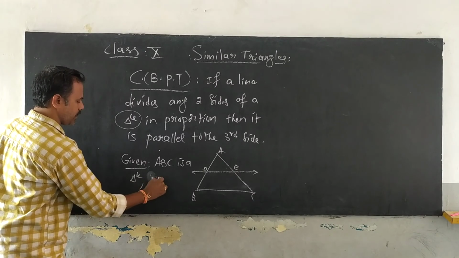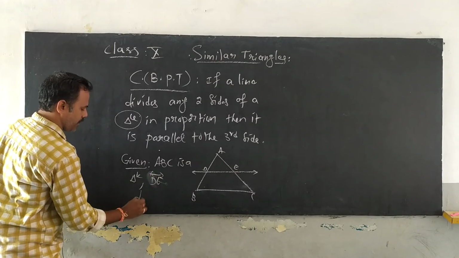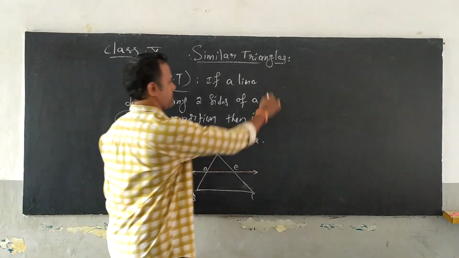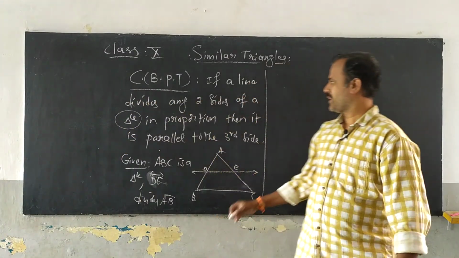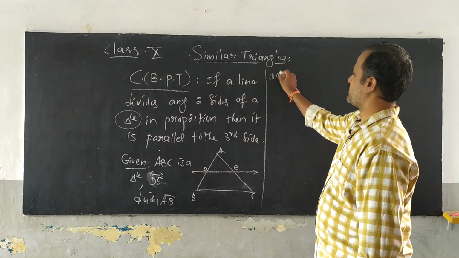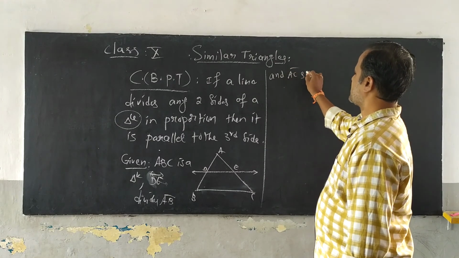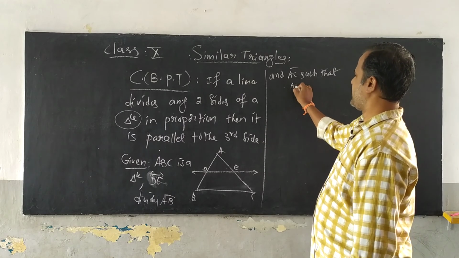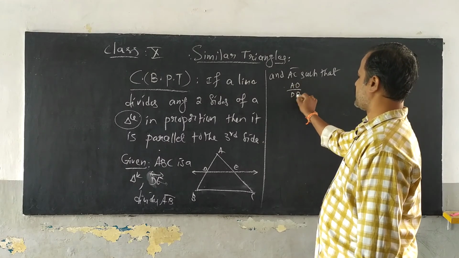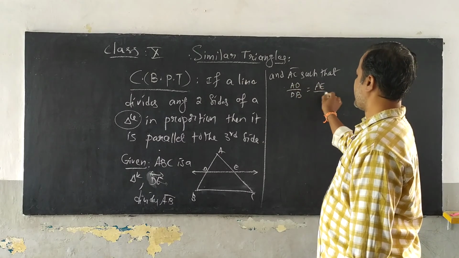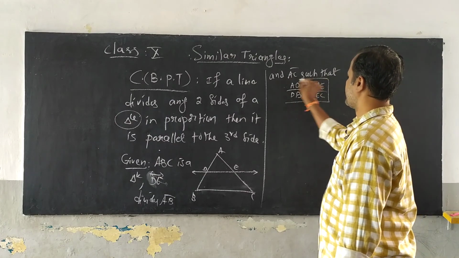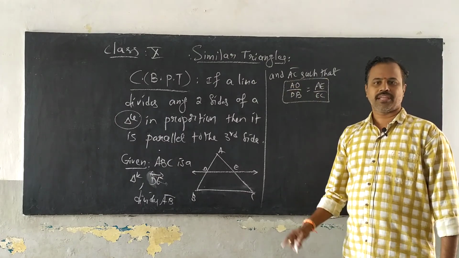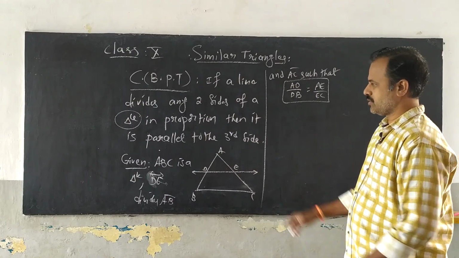DE line divides AB line segment and AC line segment such that AD by DB is equal to AE by EC. So this is what is given.